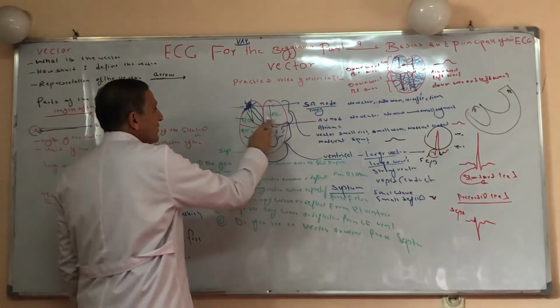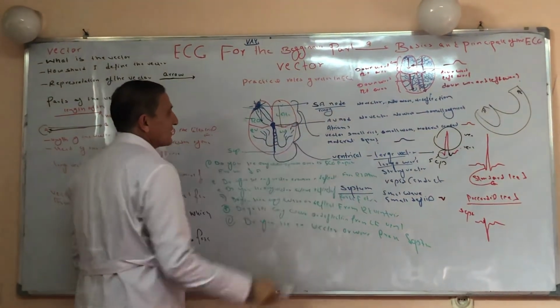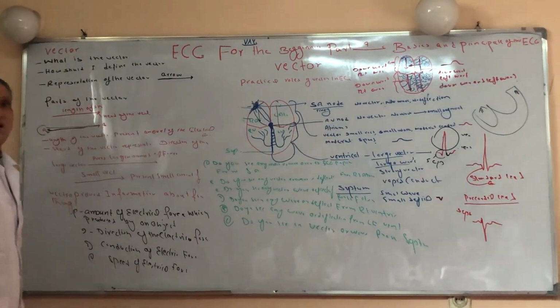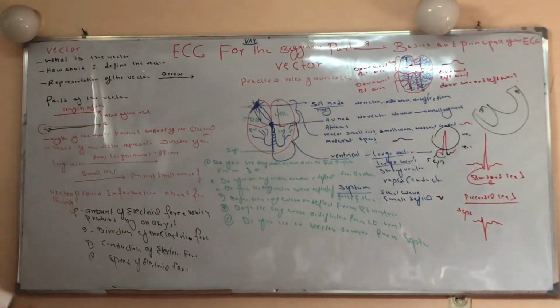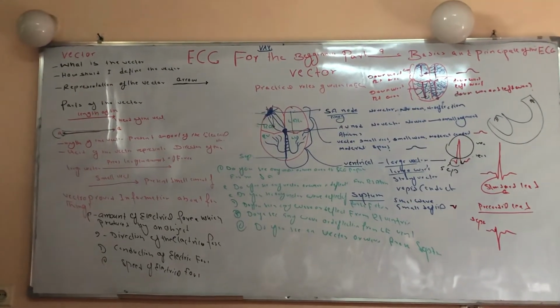So both vectors are connected to each other and produce a single wave over the ECG paper, which is the P wave. This one. The length of the vector represents the amount of the electrical force.